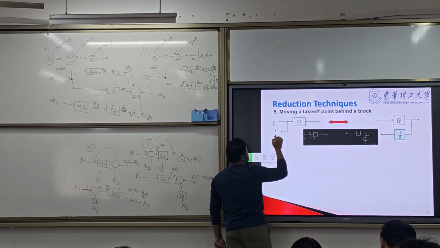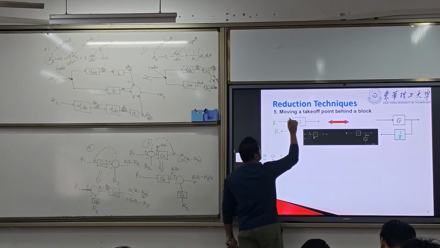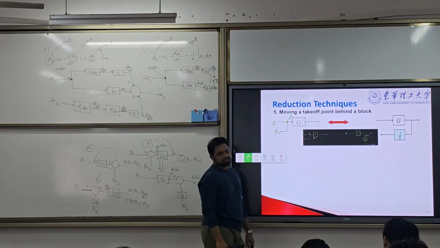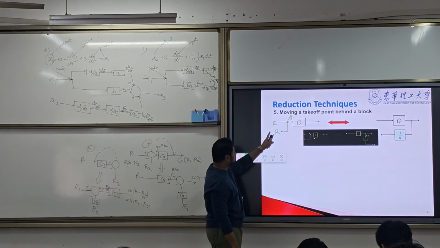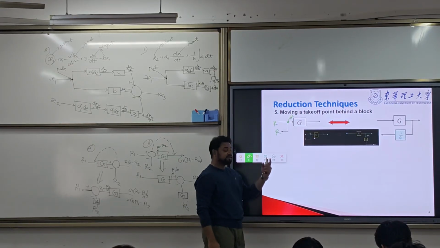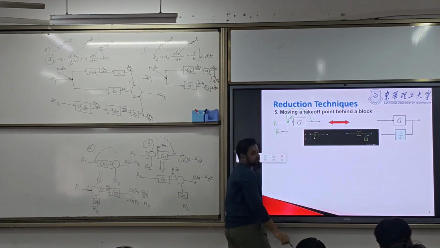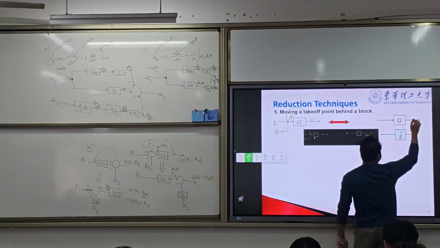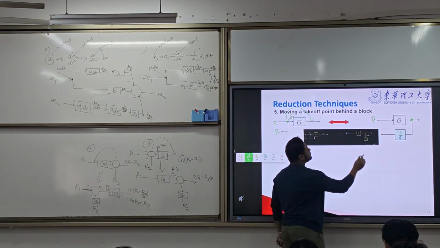If I consider this R and R, this takeoff point output is R. We will not consider the total output, we will consider the takeoff point output. Now, if I want to move this point here after, now it is moved here.